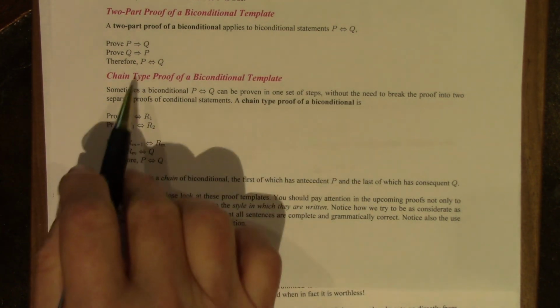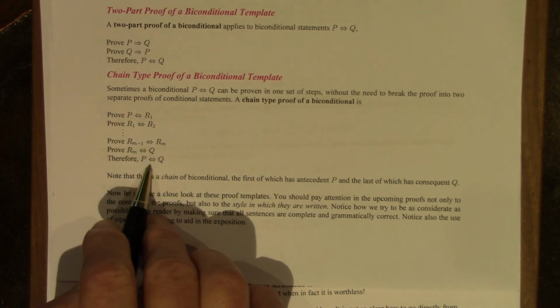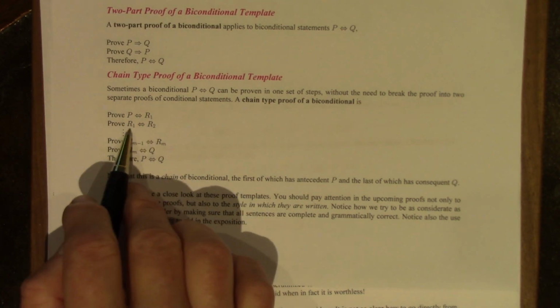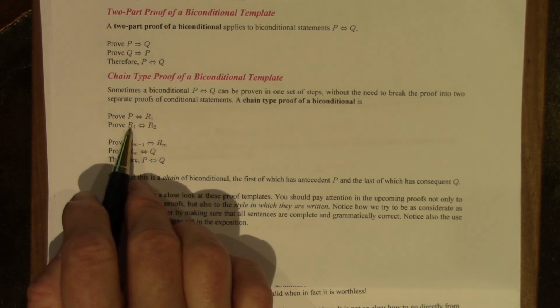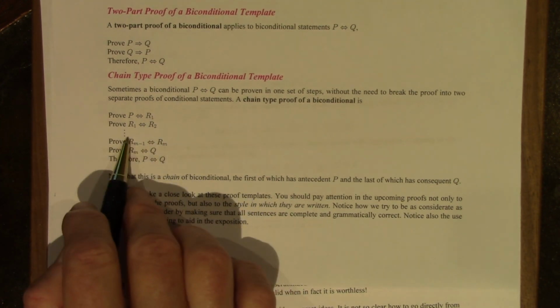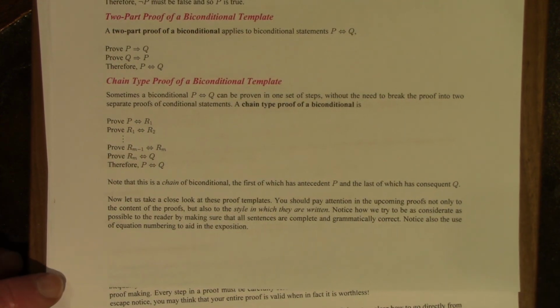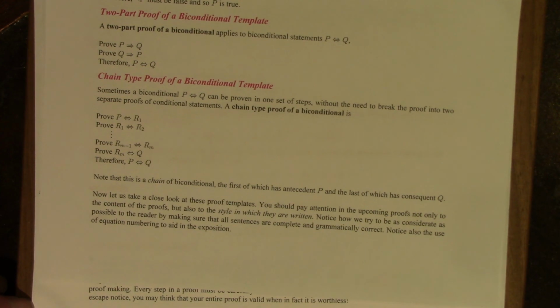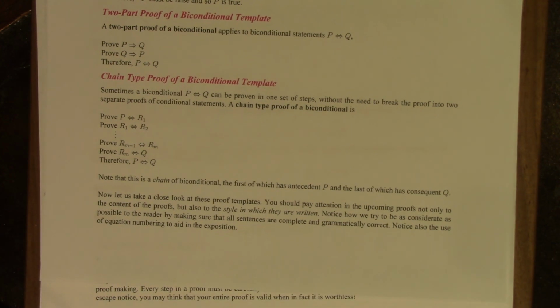So I call this the chain type proof because this is a chain of biconditionals linked together. The R1 is the same here as R1, R2 here matches R2, and so on. Okay, so we are ready then to take a close look at the templates with examples.